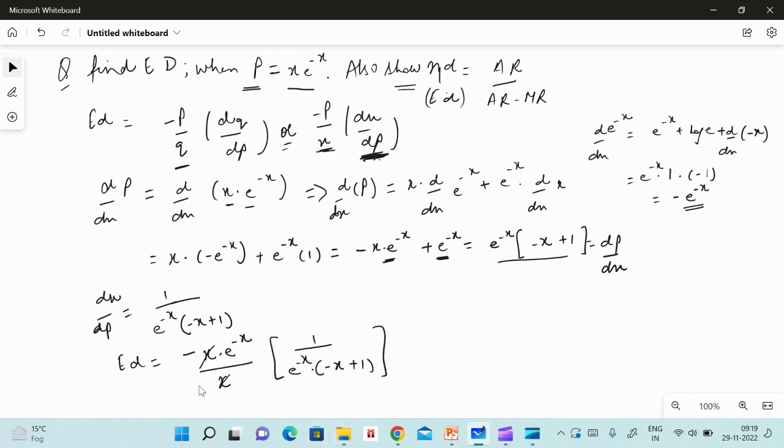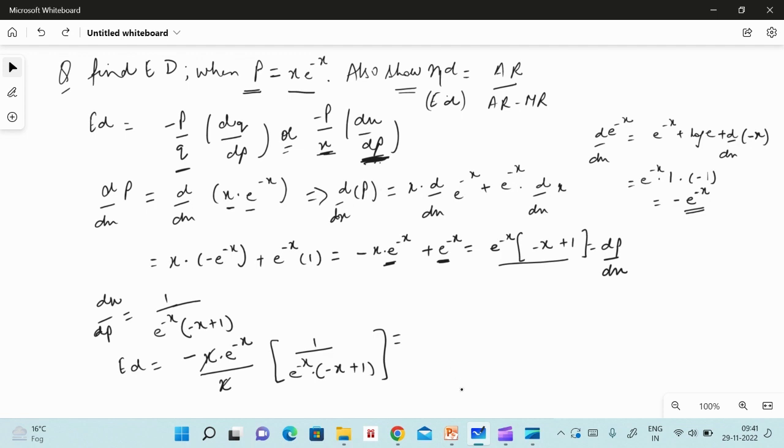So in the next step, what we will get is minus e power minus x divided by e power minus x into minus x plus 1, right? And if we cancel this e power minus x, we are left with minus 1 divided by minus x plus 1.